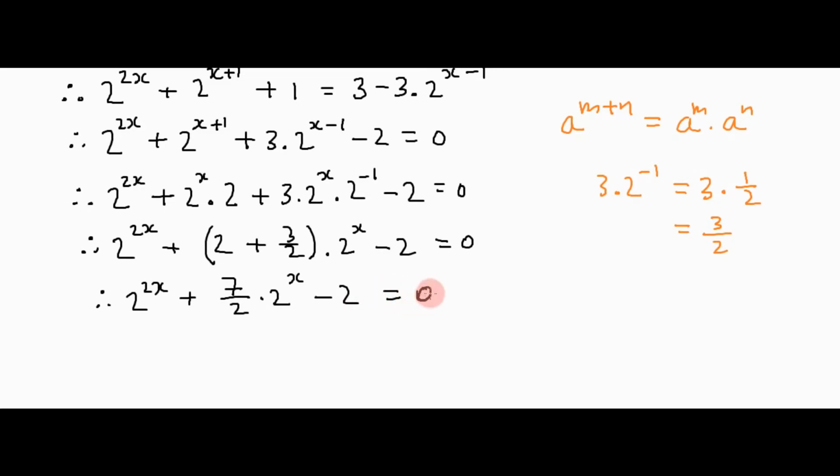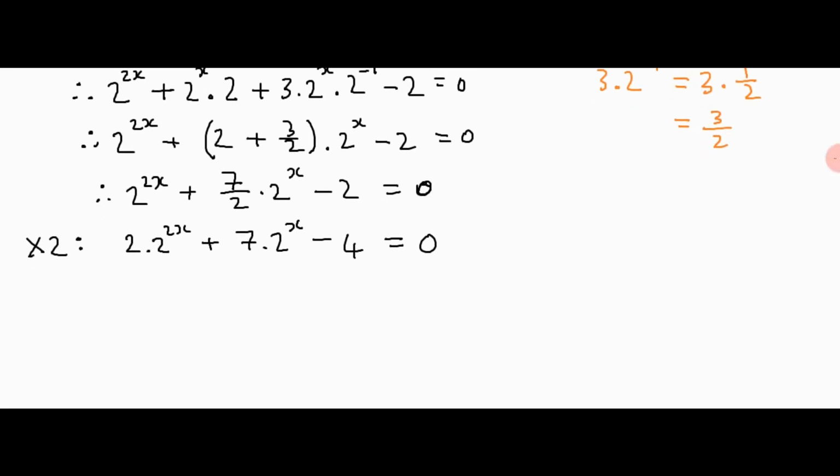Now we can get rid of the fraction by multiplying through by 2. So 2 times 2 to the 2x plus, when we multiply the middle term by 2, the 2's cancel, and we're left with 7 times 2 to the x. And then also multiplying the negative 2 here by 2, we have negative 4 equals 0. So we basically end up with a trinomial, and we can use k substitution here.